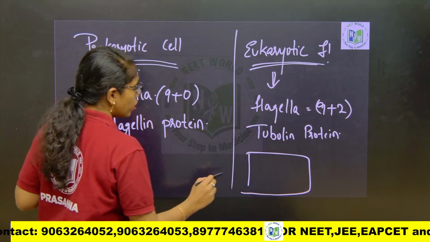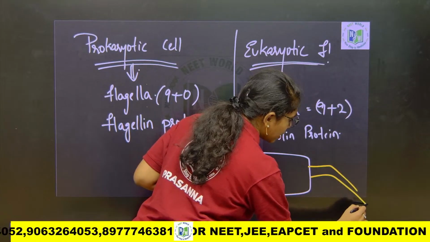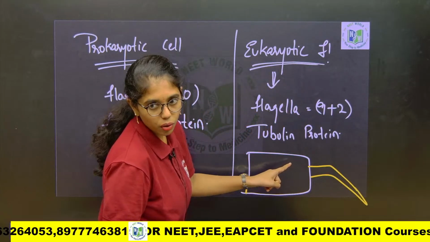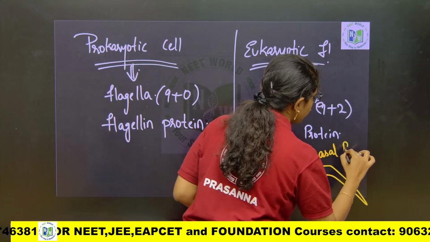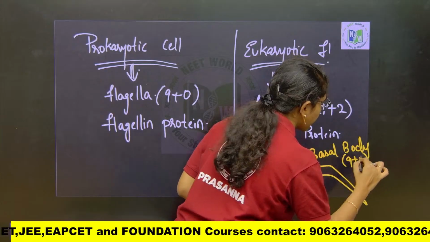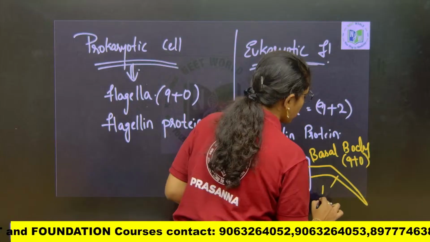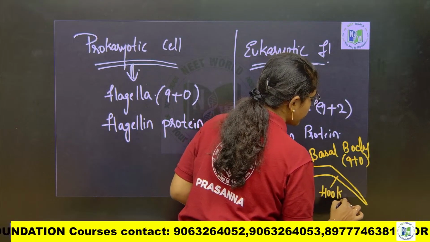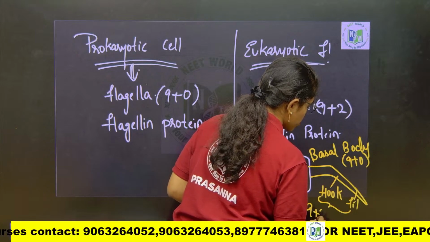I told you one important point, that the basal body is connected to the cell wall through what? Centriole. So, for basal body the microtubular arrangement will be 9 plus 0 only. For hook and filament it is 9 plus 2 arrangement.